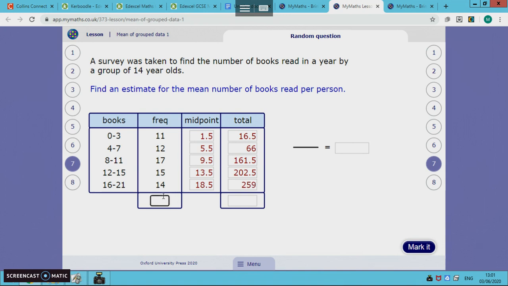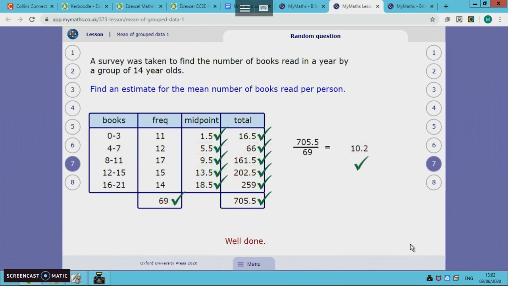Then we'll add up our columns. Our frequency column: 11 plus 12 plus 17 plus 15 plus 14 gives 69, and the total of our FM column is 705.5. There we go. So if I divide those two numbers, I get 10.2 to one decimal place.